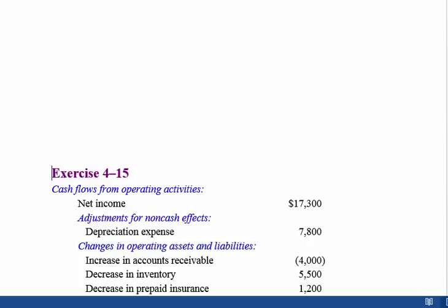A decrease in salaries payable. Well, we only decrease salaries payable by paying our employees. That means cash going out. That's a decrease in a current liability. Anytime we decrease those, pretty much means cash went out. So that one's going to be deducted. A decrease in a current liability.